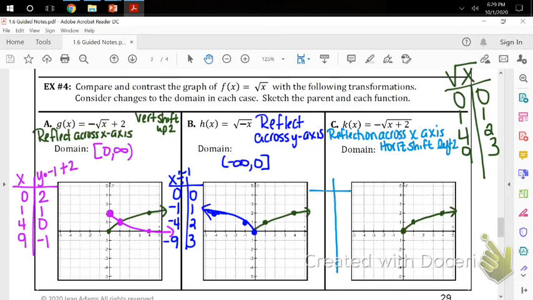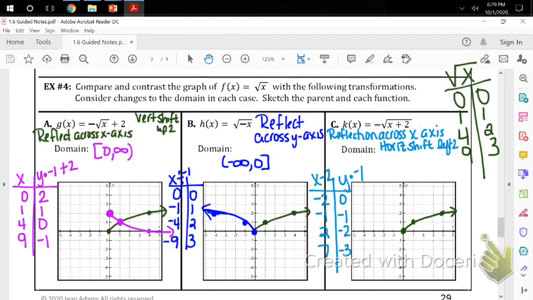So I go to build my table. For my x's, I see x plus 2, so we know we're going to subtract 2. So let's go and subtract 2 from all those x's. 0 minus 2, 1 minus 2, 4 minus 2, and 9 minus 2. My y's only have that negative on the outside, so we're just going to multiply them by negative 1. So 0 times negative 1, 1 times negative 1, 2 times negative 1, and 3 times negative 1.